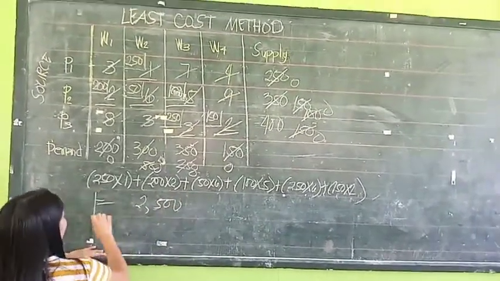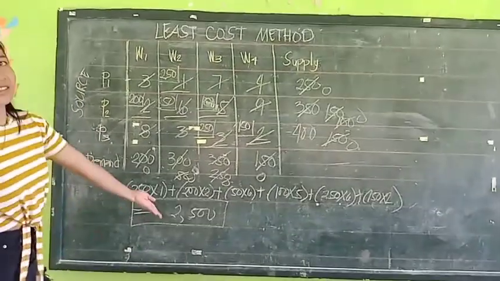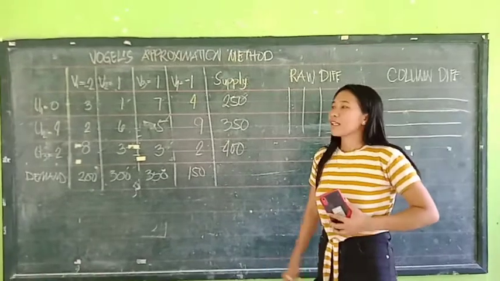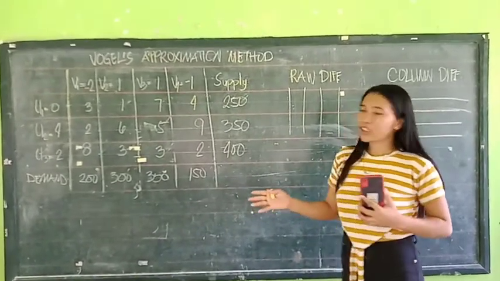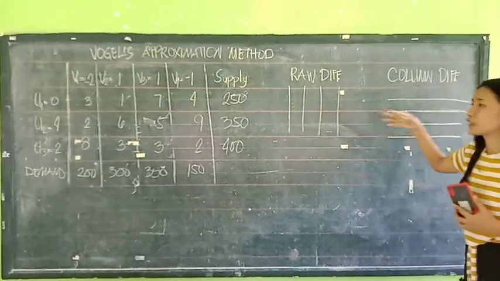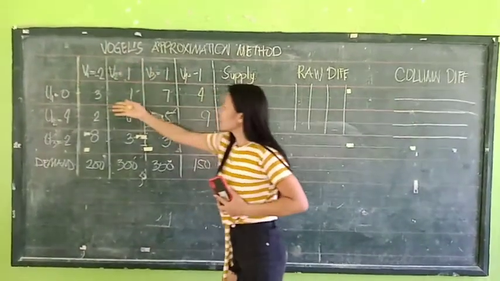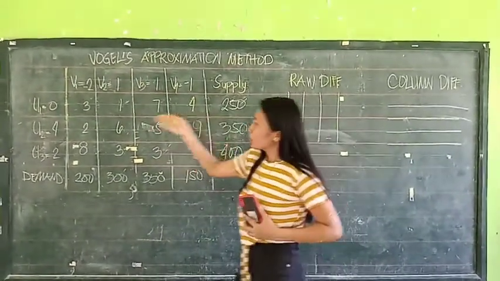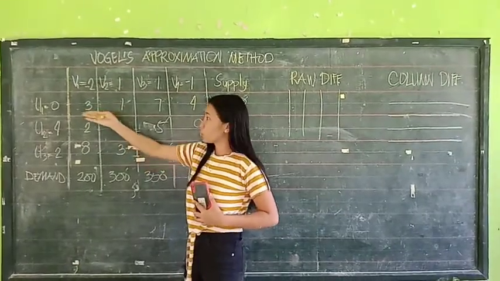2,500. So this is the result of our last cost method. In the Vogel's approximation method, we need to find first the row difference and the column difference. So in this row, the difference of 3 and 1 is 2.